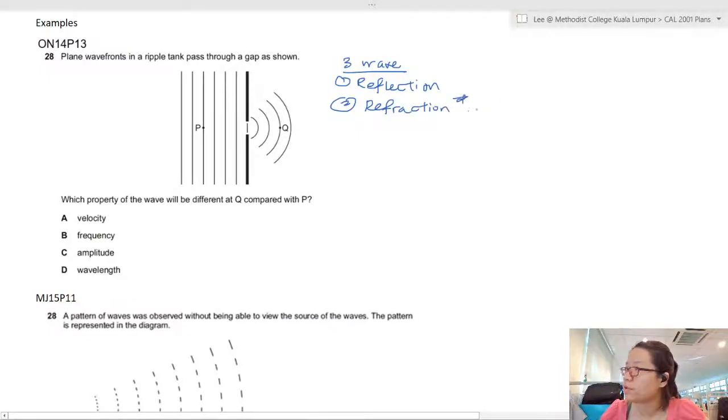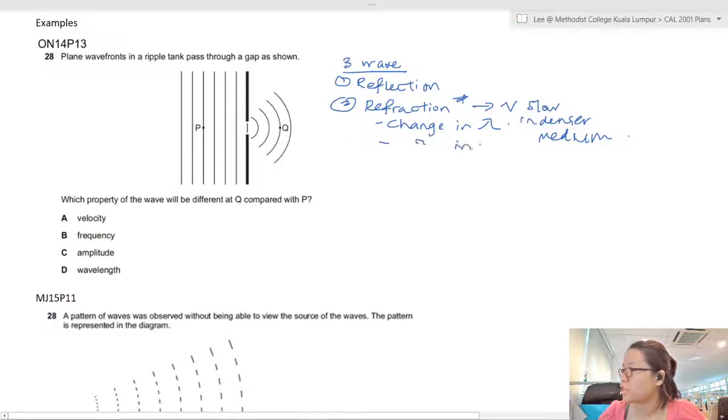Refraction is the only one where there is a change in wavelength or frequency. Generally the speed of the wave is not constant, especially for refraction. Your v will slow in a denser medium. So this is the one where there's a change in wavelength, so there's a change in speed.